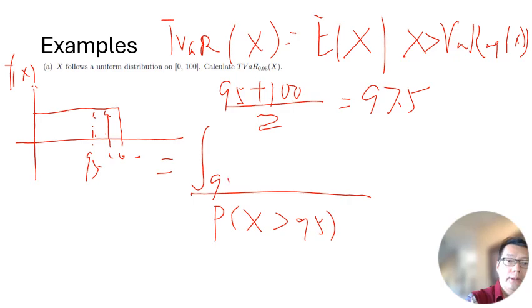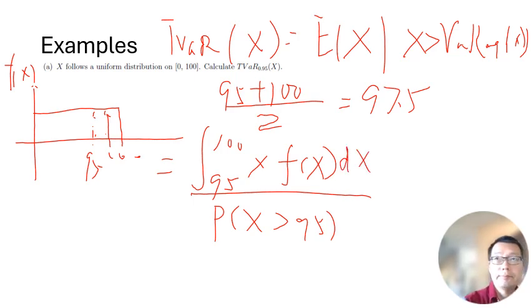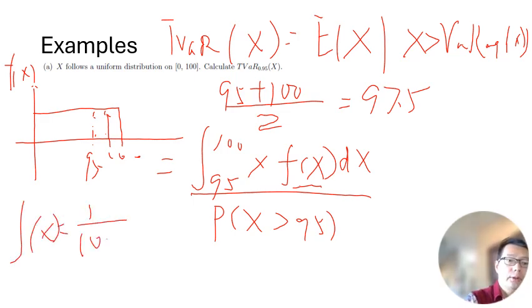The numerator will be the integral from 95 to 100 of x times the density f x dx. And for this, we can either use the formula, or you can just use f x as 1 over 100.